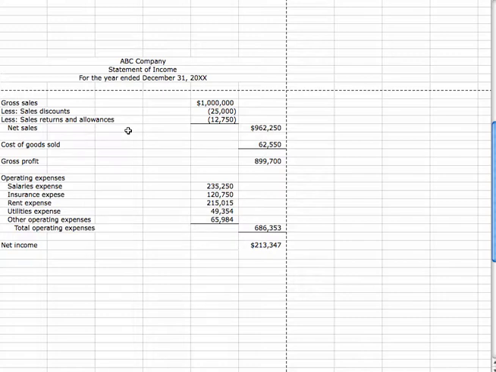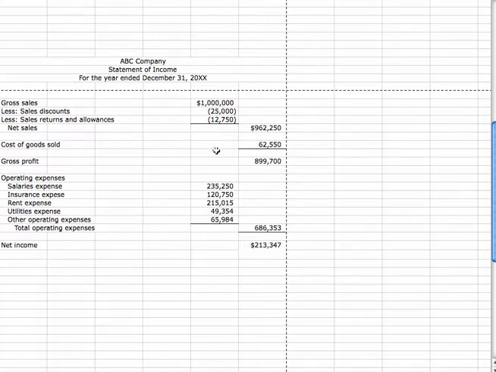Now what we're doing is we take our gross sales, subtract out discounts and the returns and allowances to give us our net sales. Next, we subtract out our cost of goods sold, and that'll give us our gross profit.